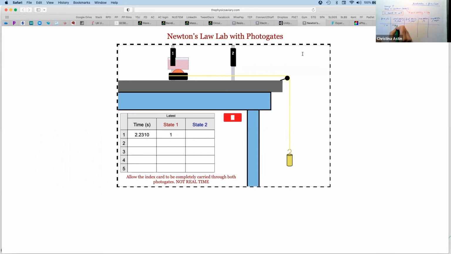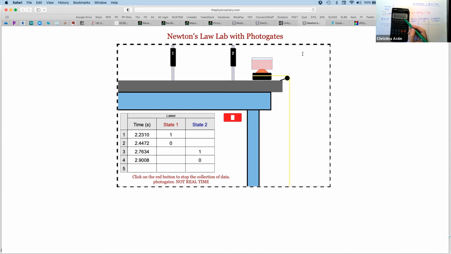So that's the distance, and what we're going to divide that by is the time. And the time for this, all right, is 2.4472 minus 2.2310. Okay, that's the time that the card was cutting the light beam.